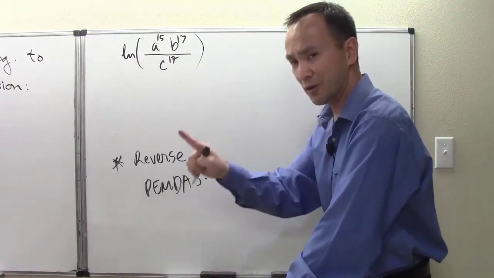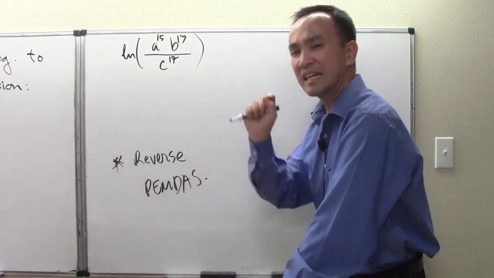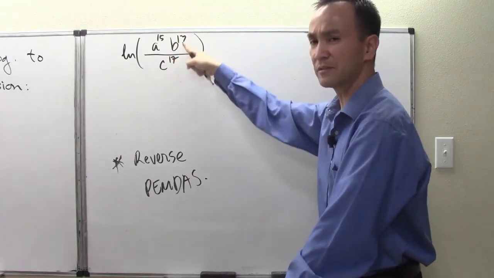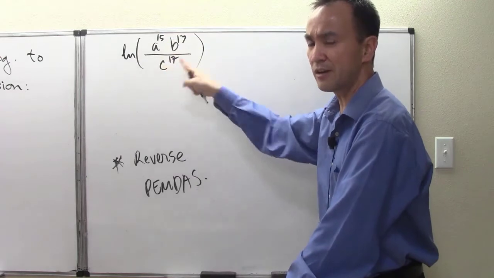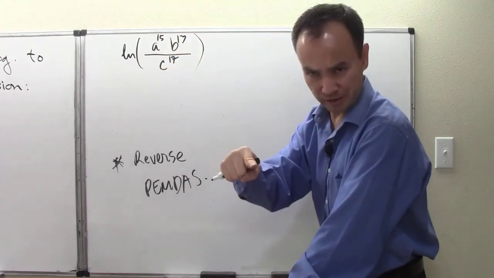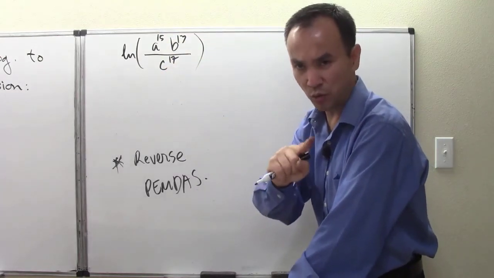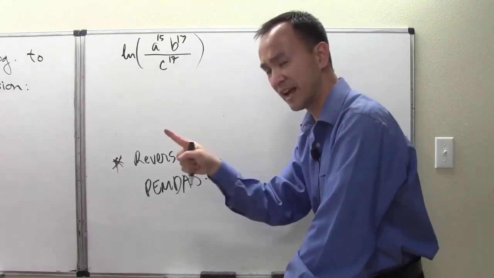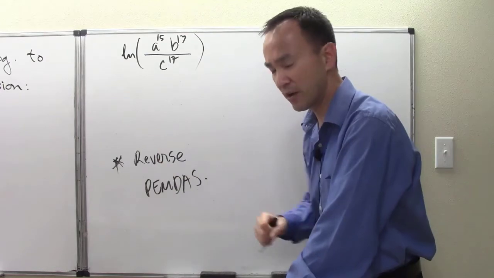So back to what I was saying when I was standing at the other board. If we were doing a plain old calculation of the expression inside of this logarithm on a calculator, how would we type that as a command, as syntax in a calculator?